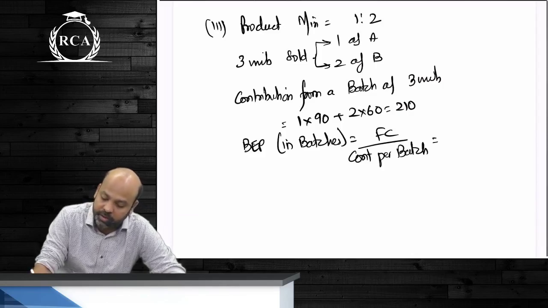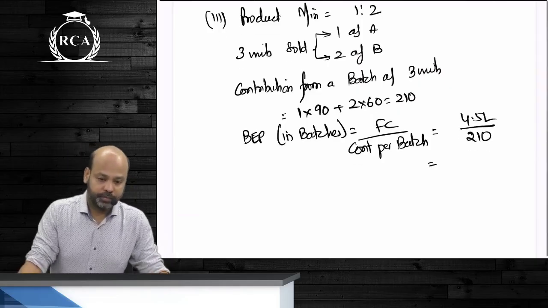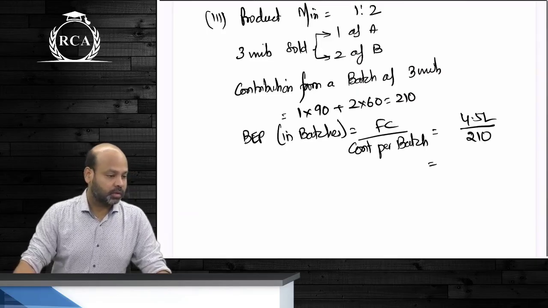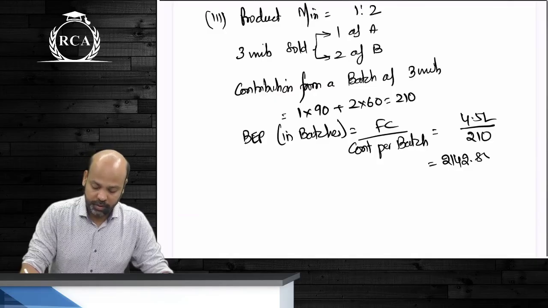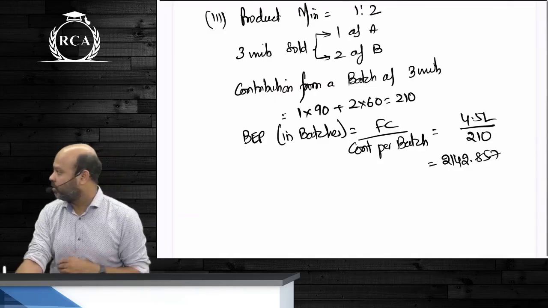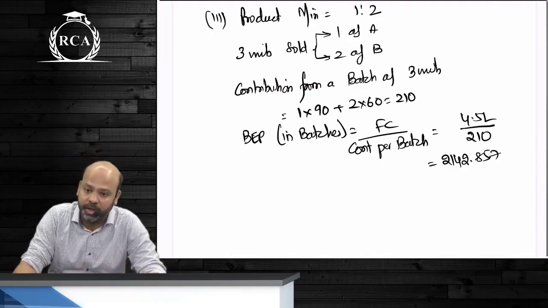Our fixed cost is 4,50,000 divided by 210. You'll get break even point as 2142.857 batches. Are we getting it?